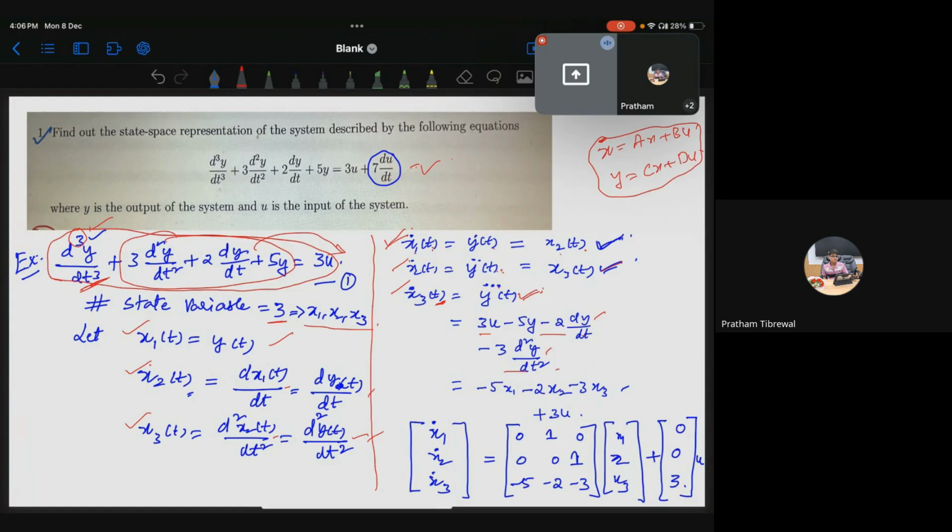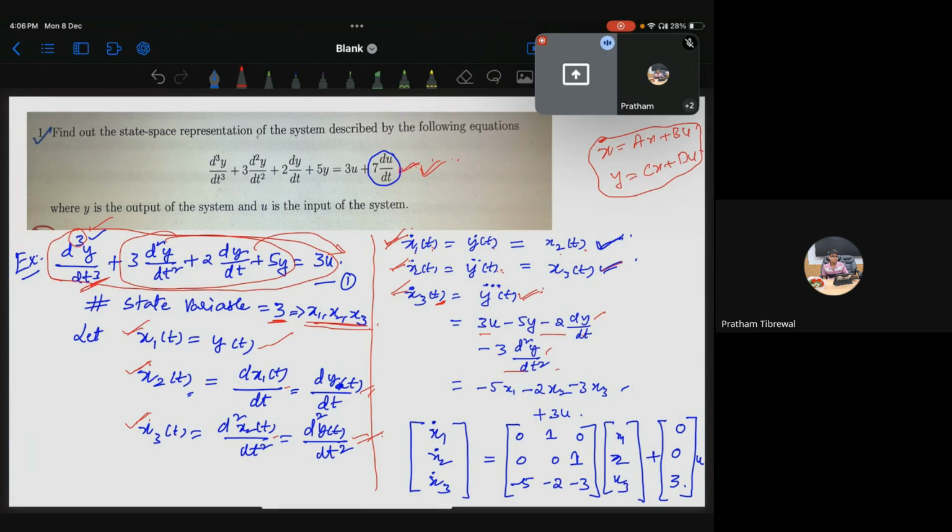Now let us consider the given problem. Intentionally I have left that 7 du by dt. If we include that also, basically we have three state variables. We are choosing x1, x2, x3, starting with y, du by dt, d square u by dt square, then differentiating them. So what if we include this one also?